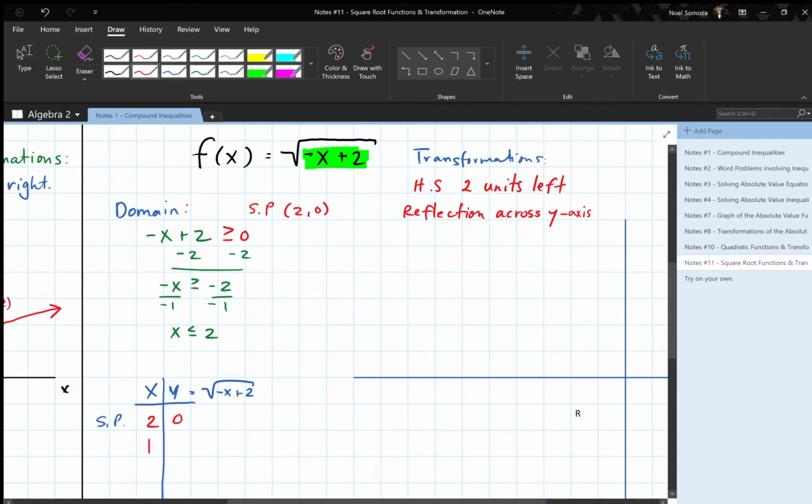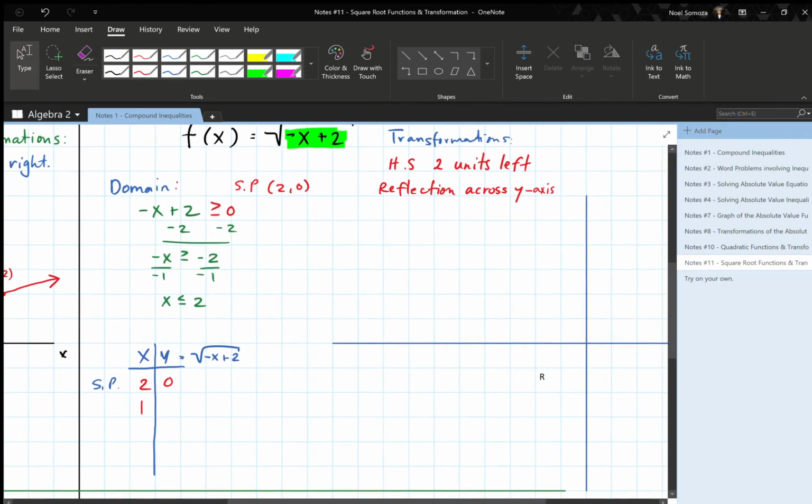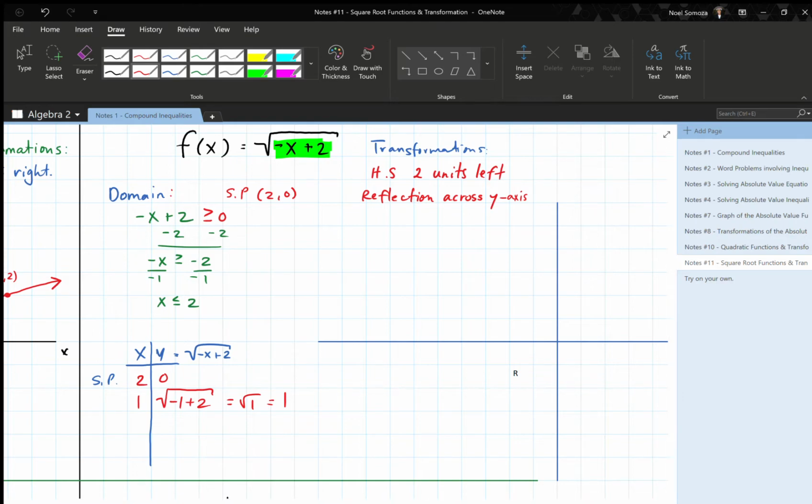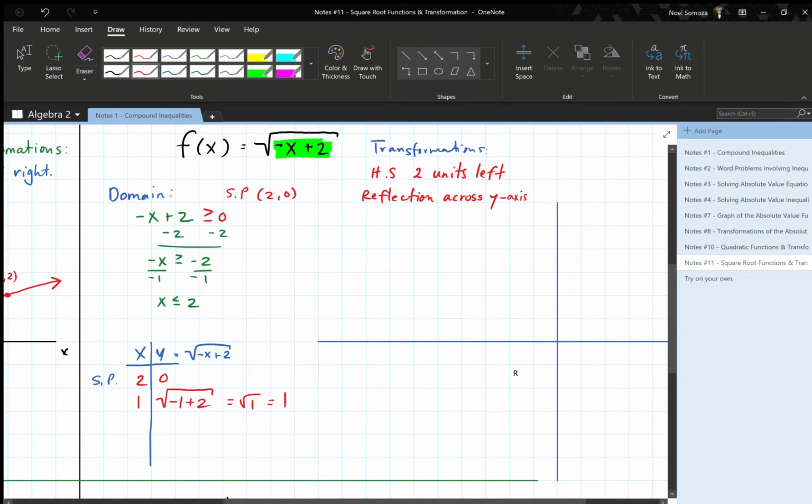If I plug in 1, now my function is going to say negative 1 plus 2, which is square root of 1, and I get 1 as an output. Okay, what else can I use? Should I use 0? No, because what do we get inside? Square root of 2. Negative 2, let's try, yes, negative 2.